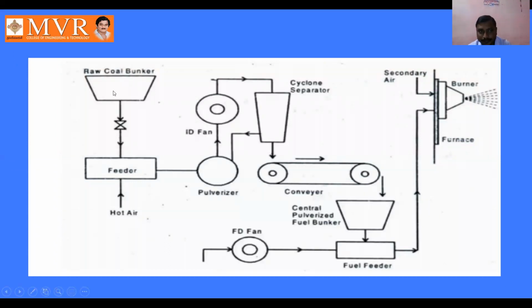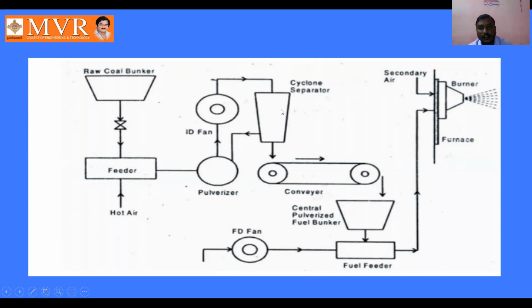See here, the raw coal enters the raw coal bunker and we crush the coal here. After crushing, the coal enters the feeder, and from the feeder it enters the pulverizer. From the pulverizer, the powdered coal is carried by this ID fan to the cyclone separator.